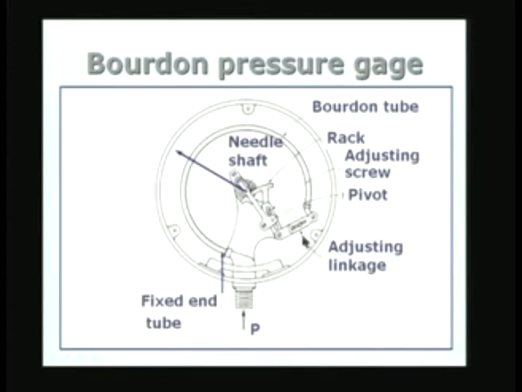This adjustment is for adjusting the 0 position, and then it is connected to the rack arrangement, and the pinion is actually connected to the needle shaft, and you have the adjusting screw here and the pivot here, and it is very clear. So, the pressure is communicated through this tube to the inside, and the outside is the atmospheric pressure, or if you want to measure differential pressure, P1 inside, P2 outside.